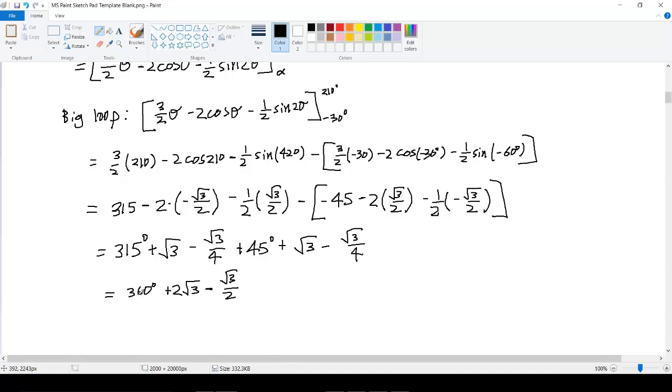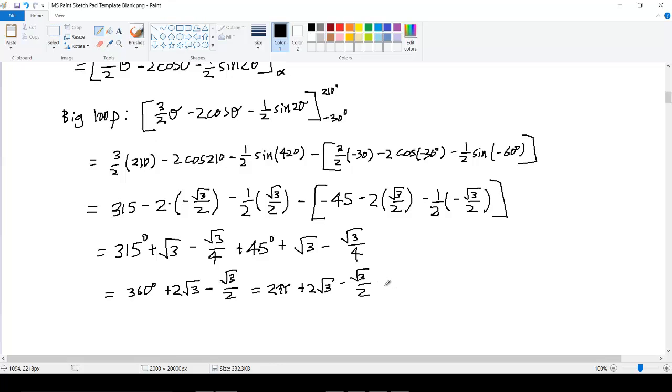This 360 at this point would be more convenient to convert to radians, but it's actually pretty easy, right? 360 degrees in radians is 2 pi, plus 2 root 3 minus root 3 over 2. So this is what I was saying. Even if you ended up with degrees in your answer, to get your final answer you should probably calculate it using radians, but you can easily just switch the degrees back to radians at the end. To me, it was easier just to save myself the headache along the way.